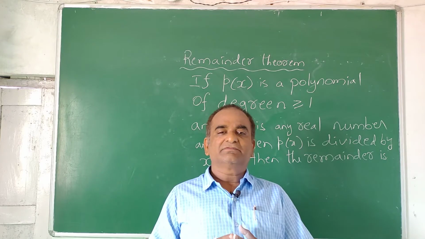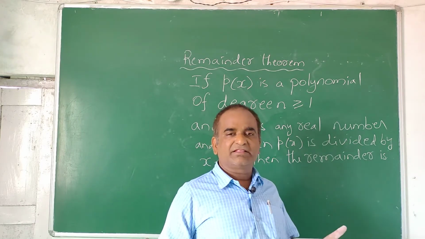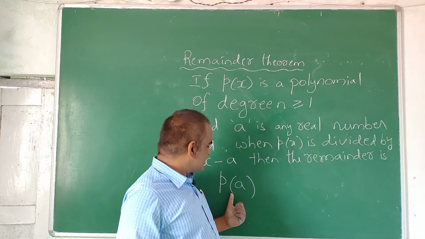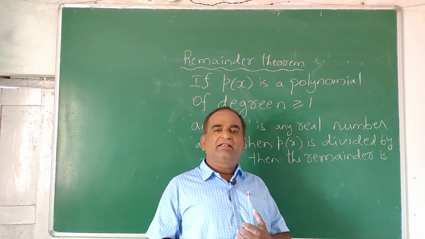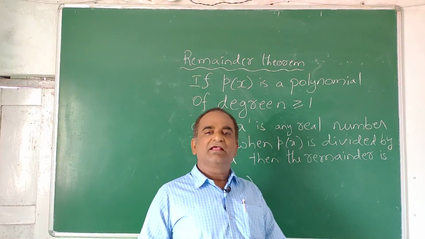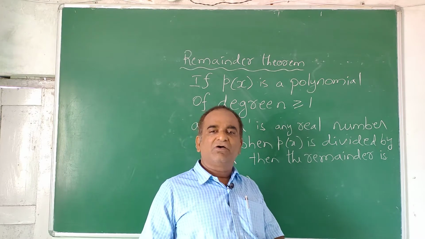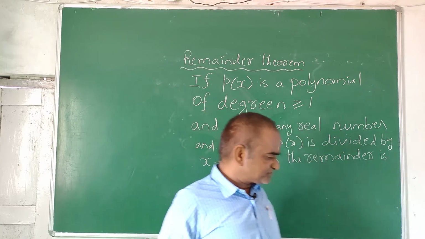Are you following? Then the remainder theorem says, in this division you get the remainder p of a. A being constant, p of a is also constant.